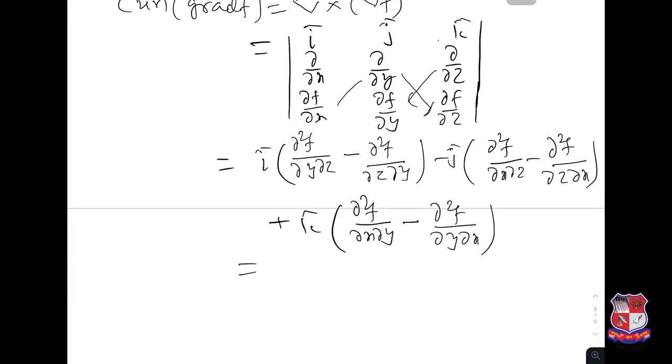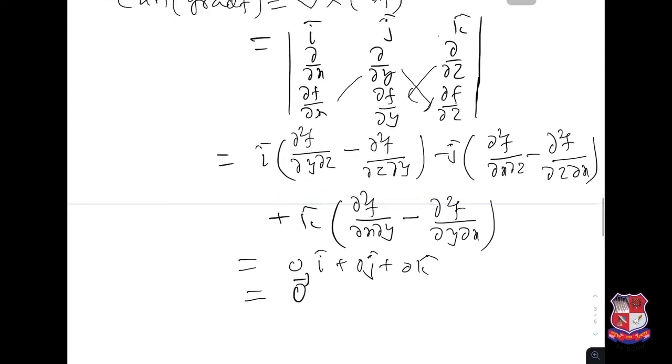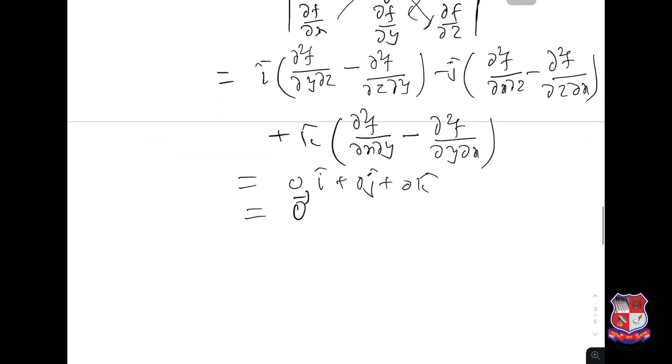Again we know that del square f by del y del z is the same as del square f by del z del y. So this is 0i, 0j, 0k, and so that is nothing but a 0 vector. So curl grad f is a 0 vector.